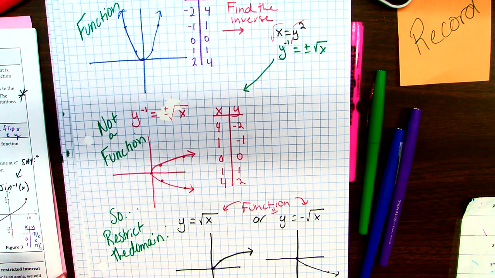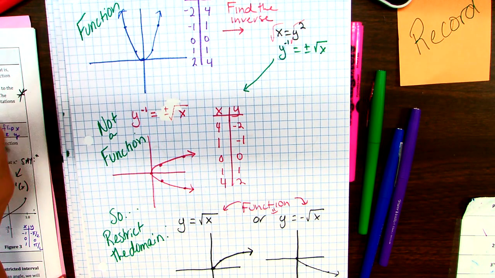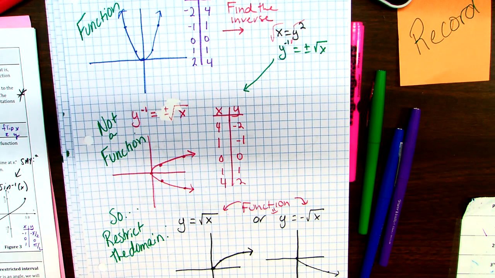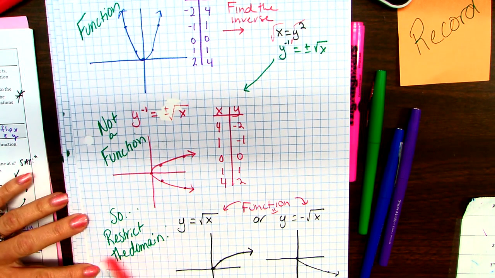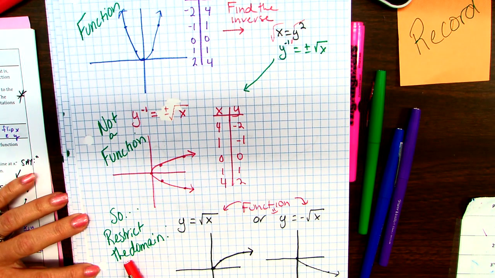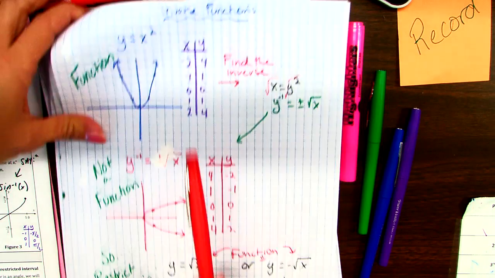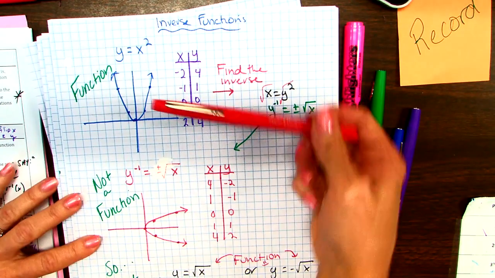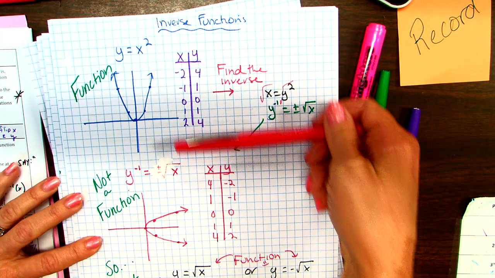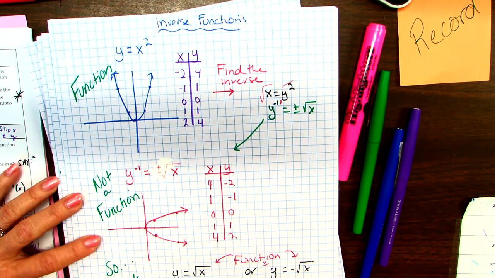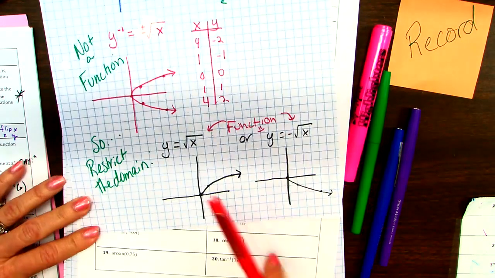So when we're finding the inverse of a parabola, for example, and there's other functions in the function world that when we do the inverse of it, it's not a function. So what we do is restrict the domain, meaning we say, all right, we're not going to graph all these x values. We're going to restrict it to like 0 to infinity or negative infinity to 0, meaning you would only get half of the graph.